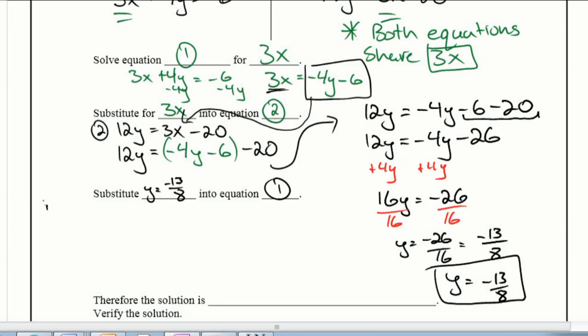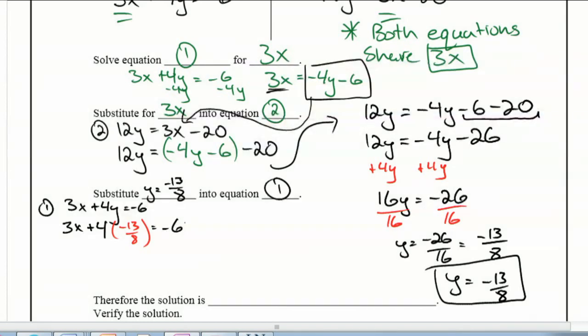My first equation was 3x plus 4y is negative 6. So we have 3x plus 4, and instead of y, I'm going to substitute in negative 13 over 8. From this point, it's exactly the same as the other methods we'd been doing.